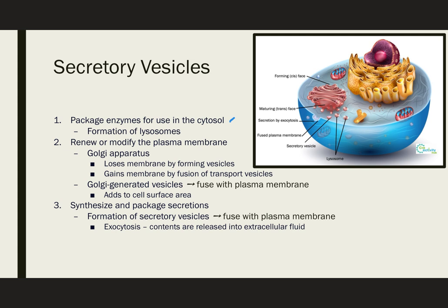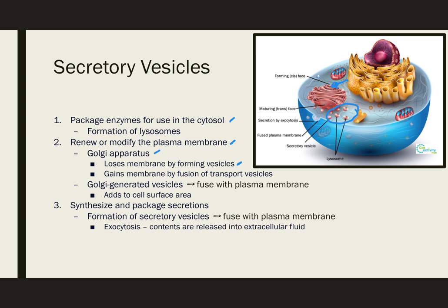The second function, to renew or modify the plasma membrane, has to do with the fact that as the Golgi apparatus loses membrane through the generation of these vesicles at the maturing phase, it actually gains membrane by the fusion of transport vesicles at the forming phase.